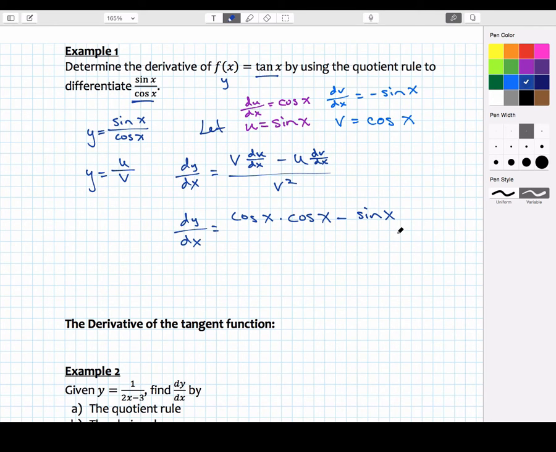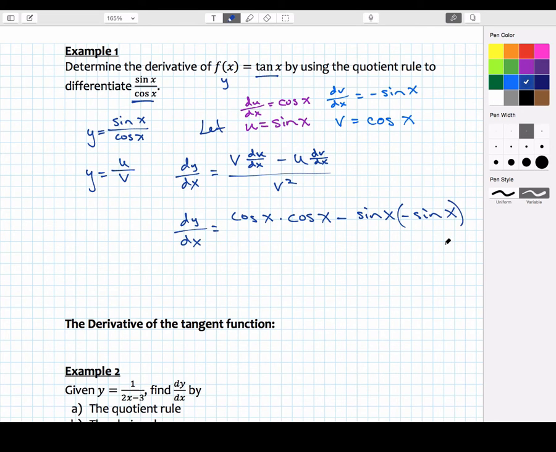Now, I know that you guys know this, but it bears repeating. If I just write minus sine x, can I do that? No, what does this look like? It looks like subtraction, but I see some people doing that sometimes when we're multiplying. What do I need to insert here? Brackets.